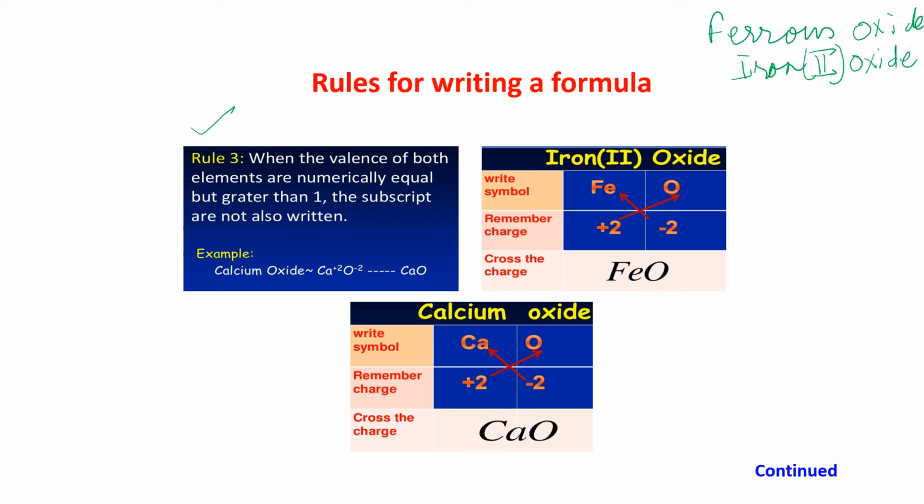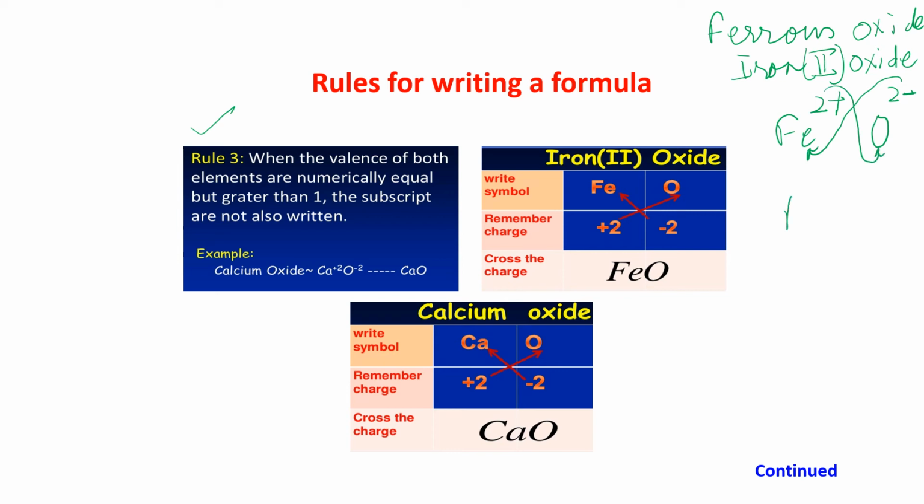Now I have to write iron 2. As I told you, iron means it is Fe. 2 means it is having the valency 2 plus. And oxide is coming from oxygen. So O is with the valency minus 2. Now see, both are having the same valency but it is greater than 1. In that case also we will not write the subscript. Why? See this crisscross.